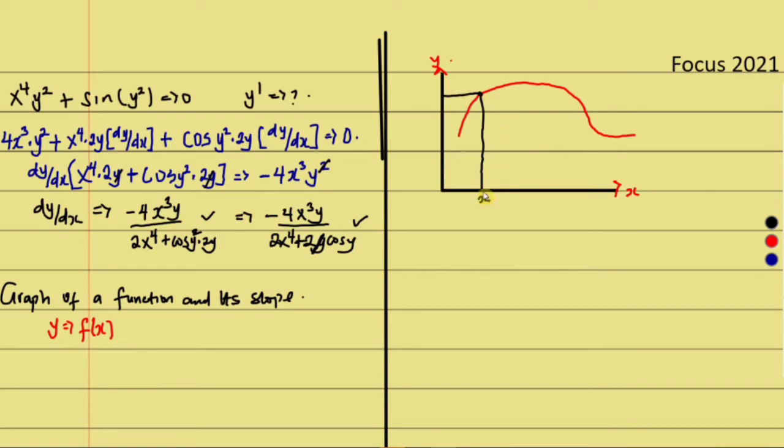But if we also move from x and go to another point on the x graph, let's call that point x plus dx, which was the beginning of the concept.